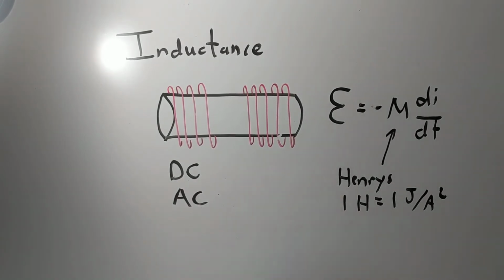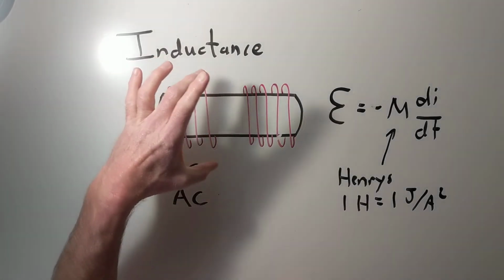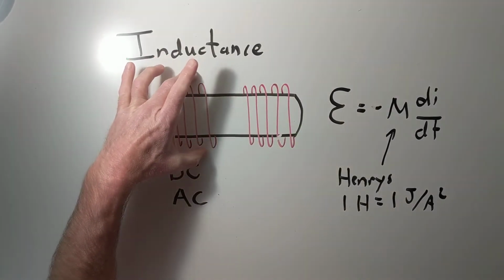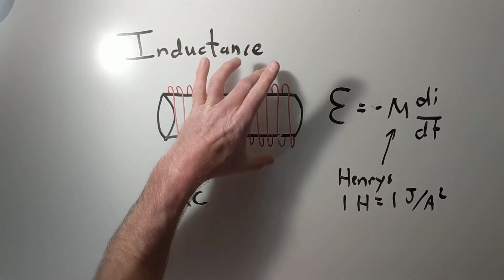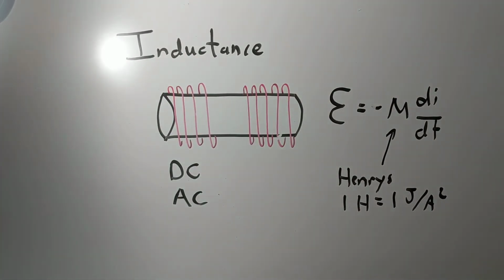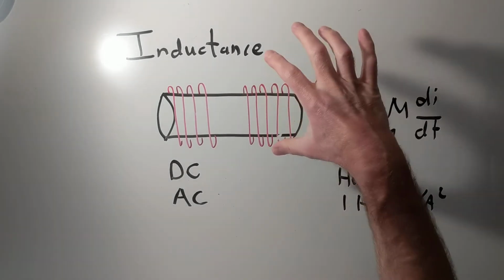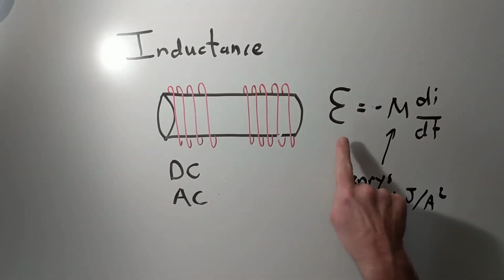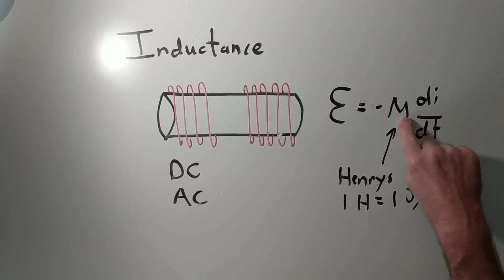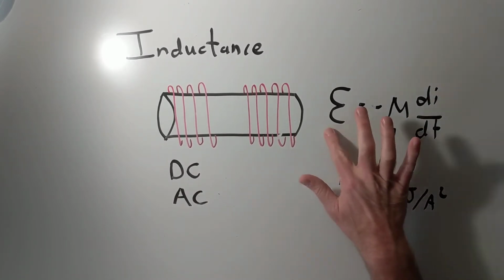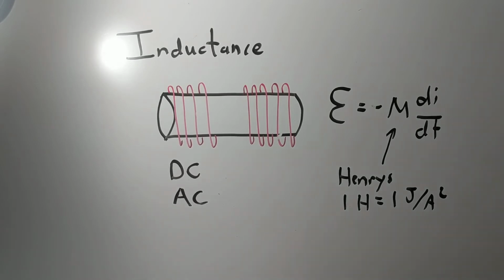But again, in mutual inductance, this coil is producing a magnetic field, and because that magnetic field is changing, it is producing a changing flux in this coil, which induces current and voltage in this coil based on this. The change in current times the mutual inductance, which is again just some constant, tells you the voltage that comes out here.